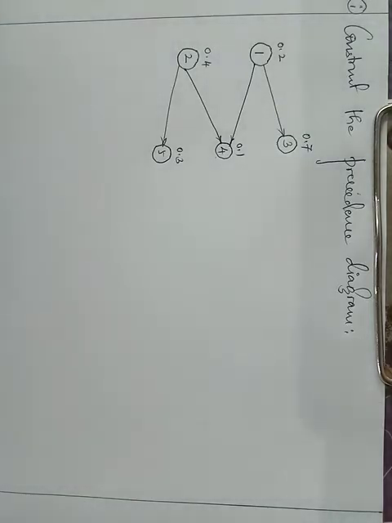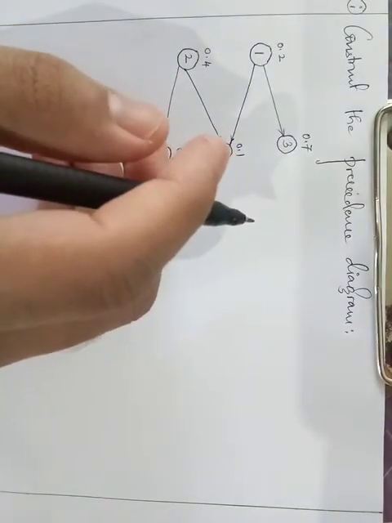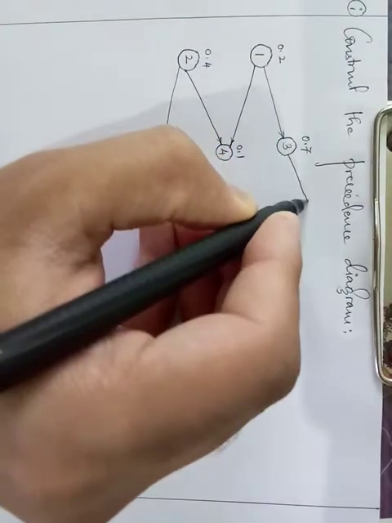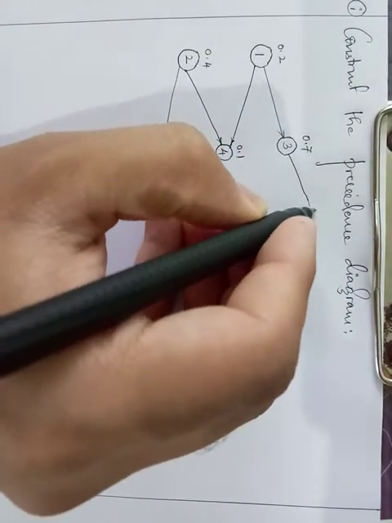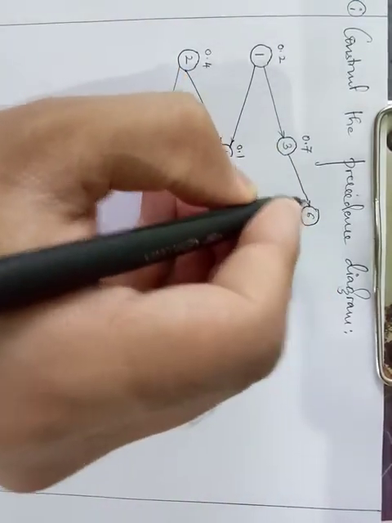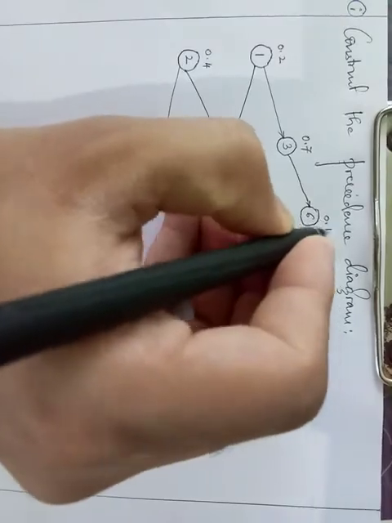Next, predecessor for 6 is 3. Okay, predecessor for 6 is 3. So the work element time here is 0.11.